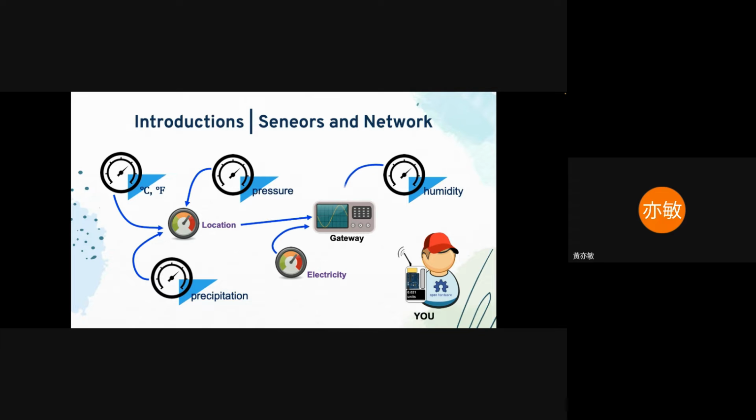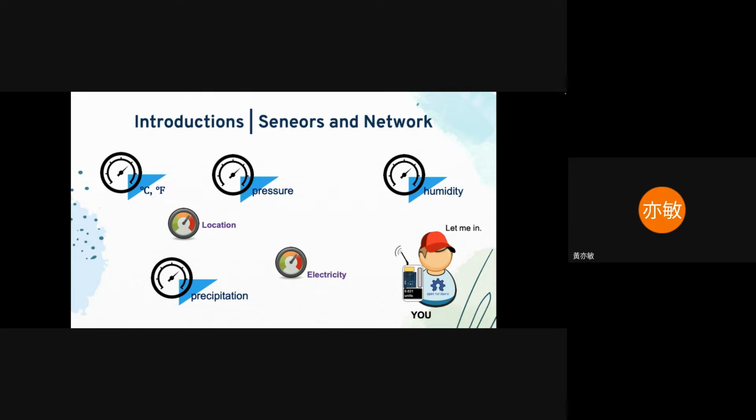You will get temperature, pressure, or the rainfall, precipitation, electricity, or even the humidity. You can collect all the data quite easily directly by your cell phone, because your cell phone just calls the sensor to send information to you. And that is the traditional way we ask for service. Then the sensor provides you the data.